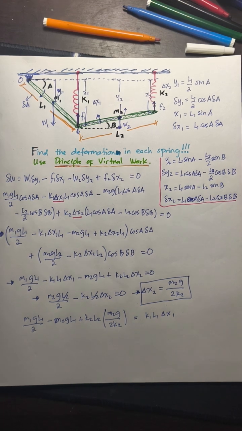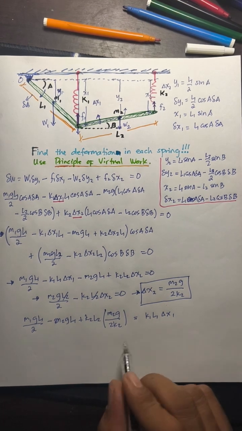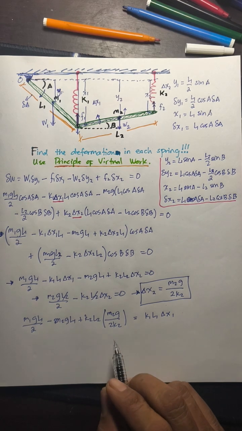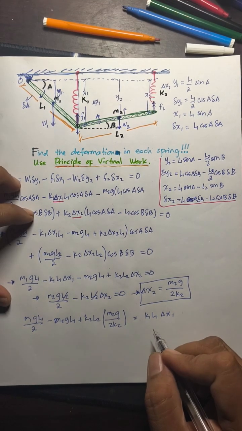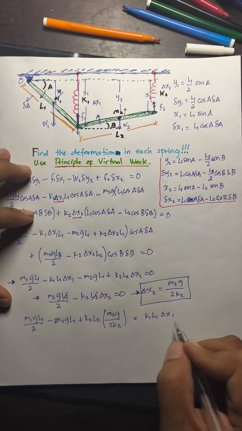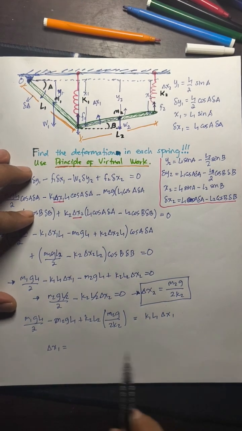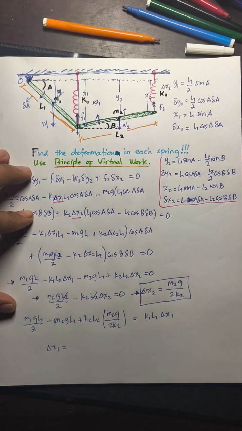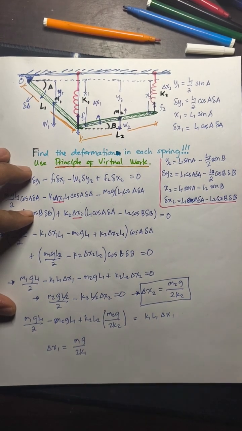So we can now solve this. As you can see, divided by K1 L1, what do we get? Our delta x1 now would be, this term would be m1g over 2k1.